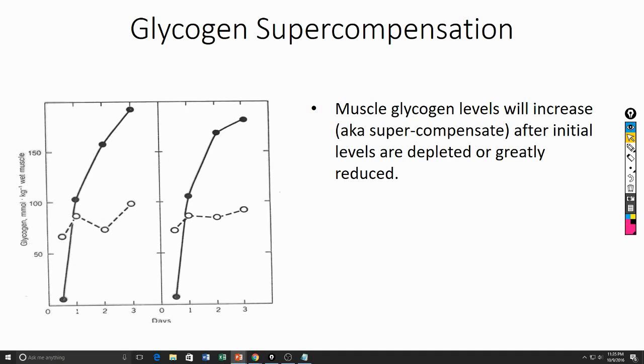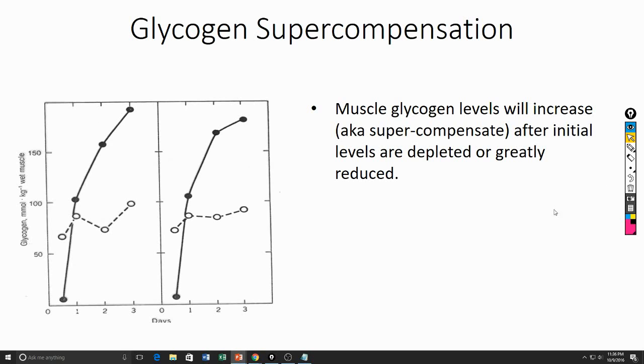If you take somebody and exercise a muscle, or most of their body, to the point where their muscle glycogen levels are almost gone, just bottomed out, then as they eat a bunch of carbohydrate afterwards, that muscle that was depleted will start to supercompensate and store more glycogen than it was able to before.